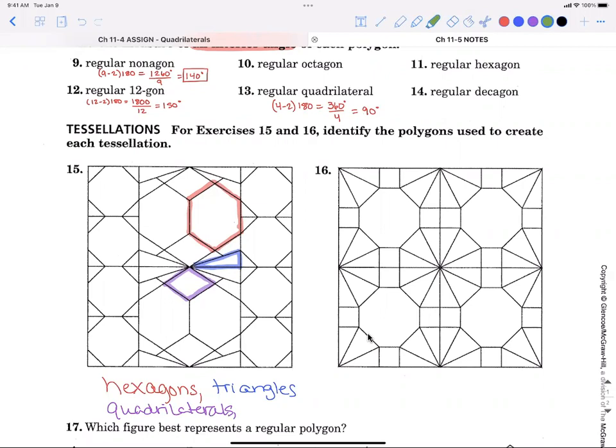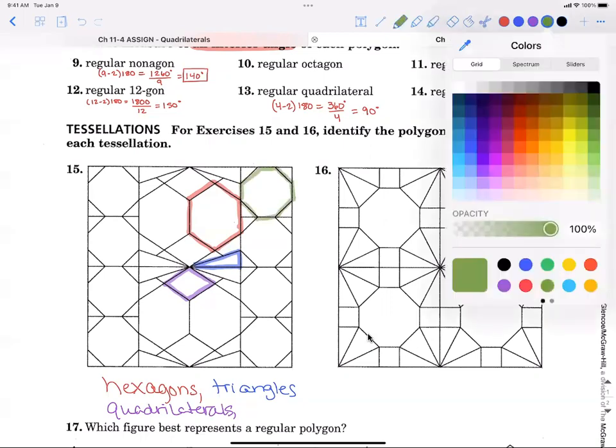It kind of looks like it could be, but the top and the bottom would have to be parallel for that to be a trapezoid. One more. I think we've already talked about it. Yeah, we have our octagon. 1, 2, 3, 4, 5, 6, 7, 8. So we have octagons.